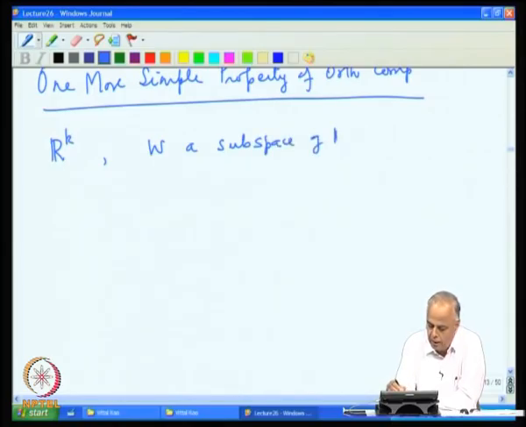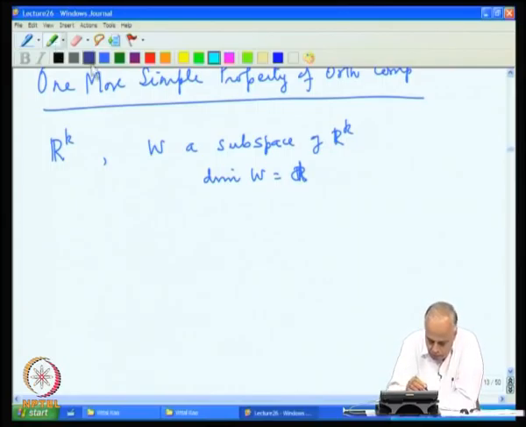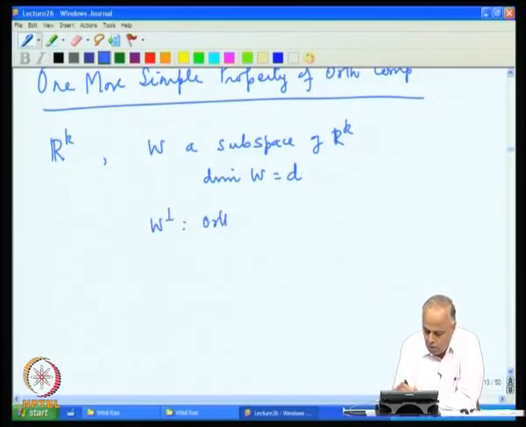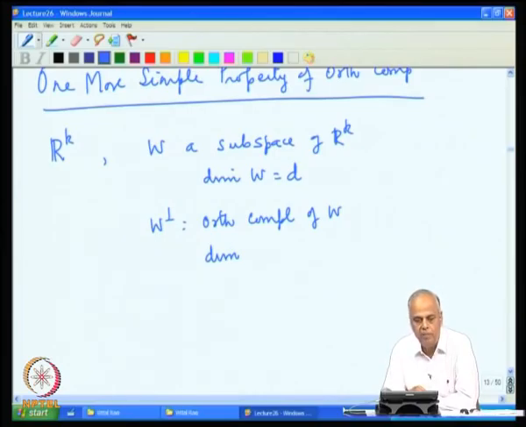of R^k, say the dimension of W is equal to D. Then W perp is the orthogonal complement of W. Then we have seen that the dimension of W plus the dimension of W perp is the dimension of the whole space.